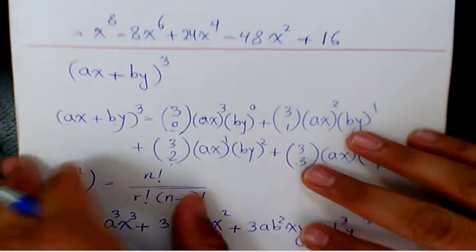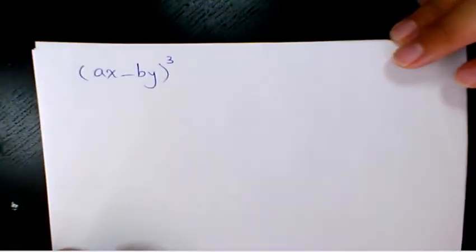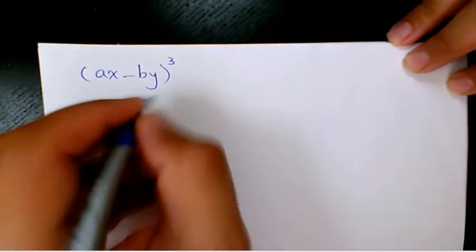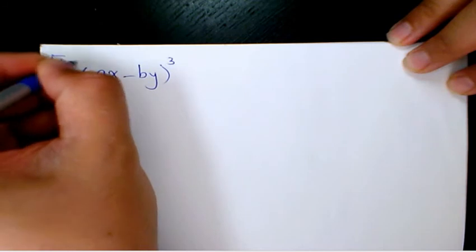Now, if you want to find out (ax - by) to the power of 3, what should we do in this case? In that case, we're going to expand.